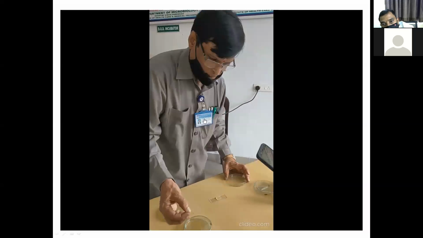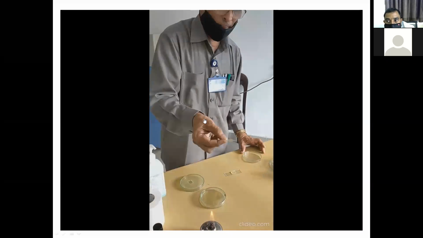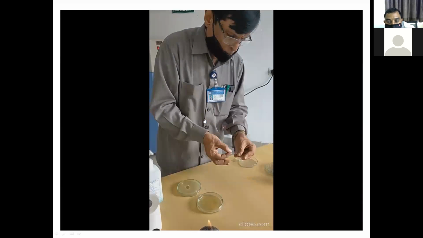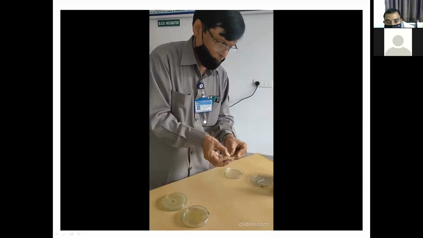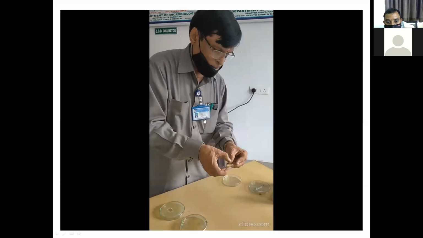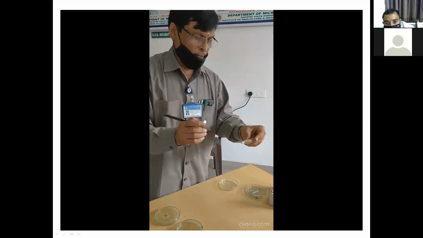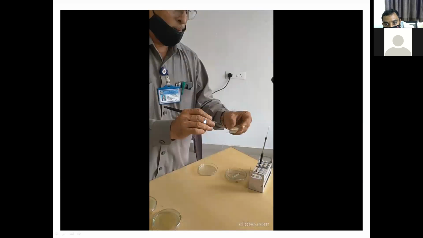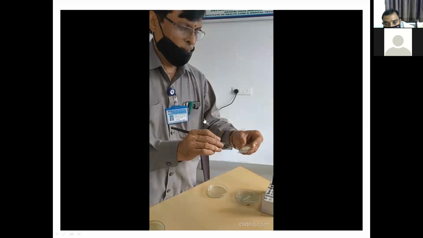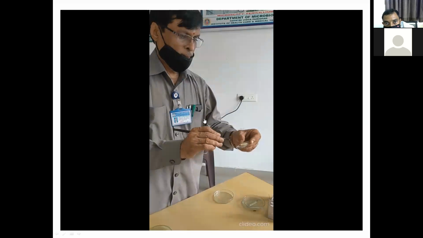Just pass it over the spirit lamp, then put it over the block of Sabouraud dextrose agar, which we have previously kept on the slide. Just press it. Now you have a preparation.